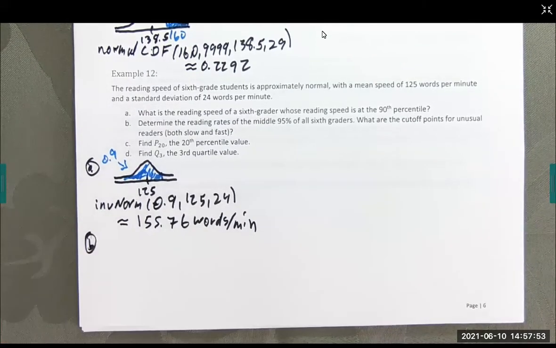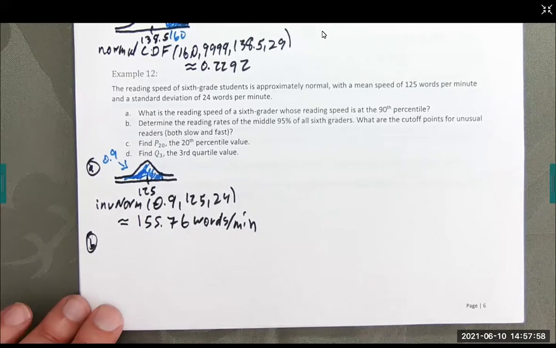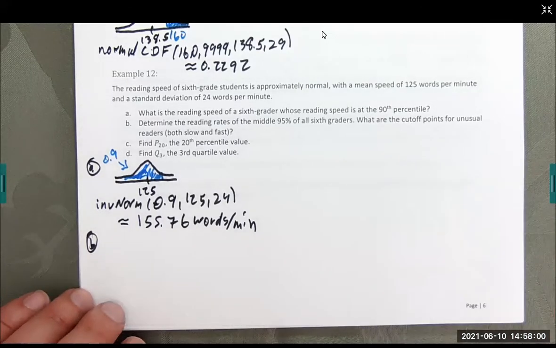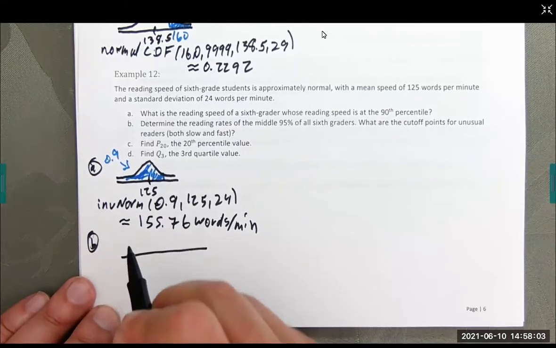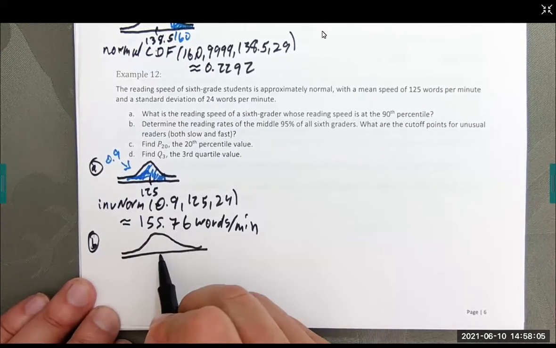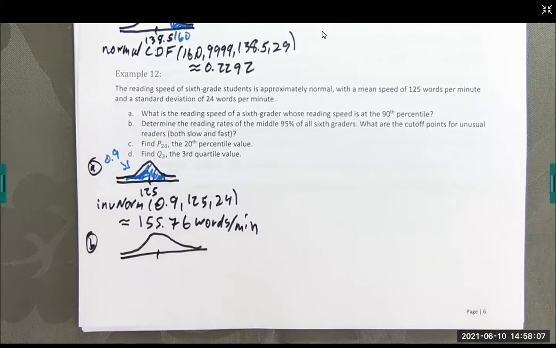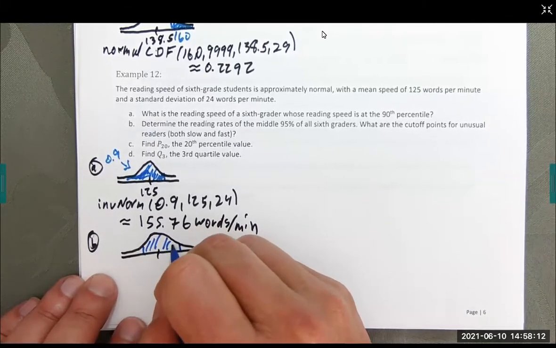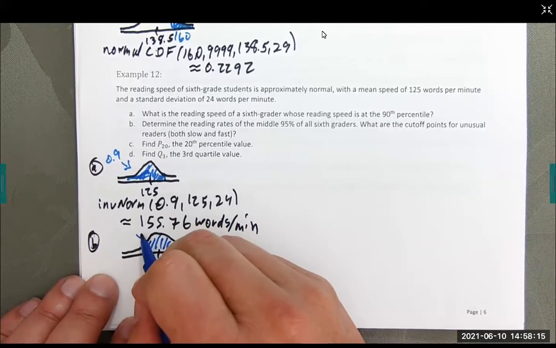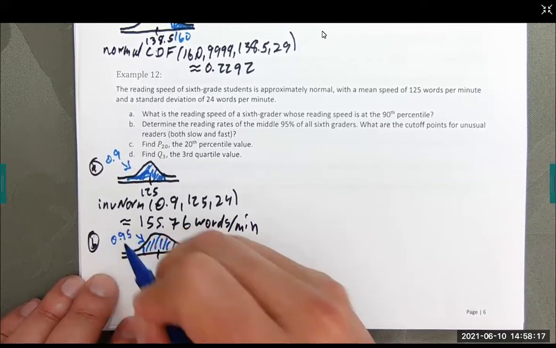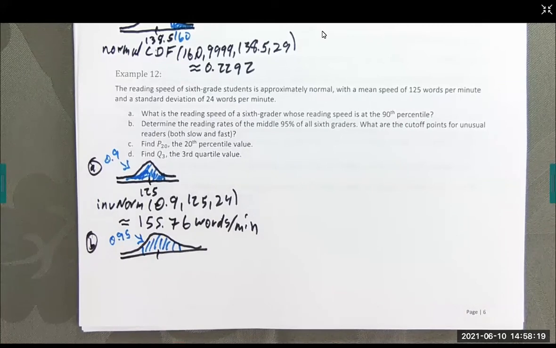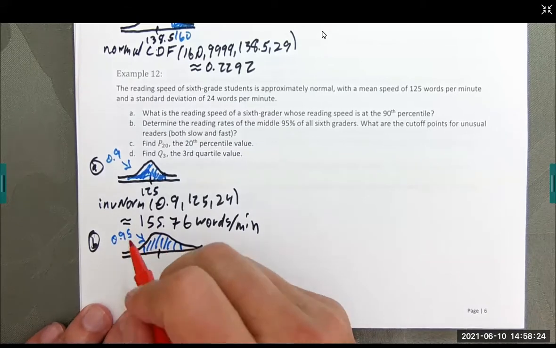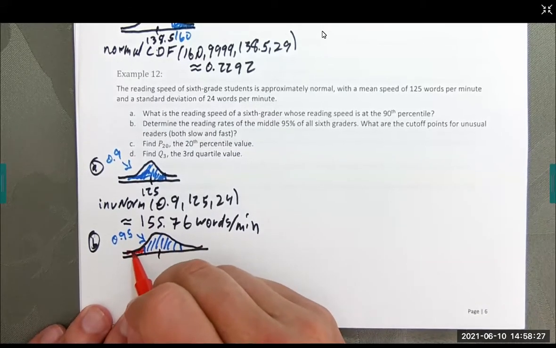B, determine the reading rates of the middle 95% of all 6th graders, and what are the cutoff points for the usual and unusual? So we want the middle 95%. So we're going to have 2 cutoffs, a too slow and a too fast. So remember the area to the left here, because there's 5% left over, that means half of that missing 5% goes here.